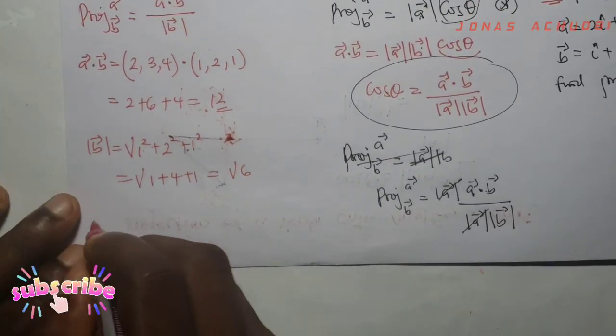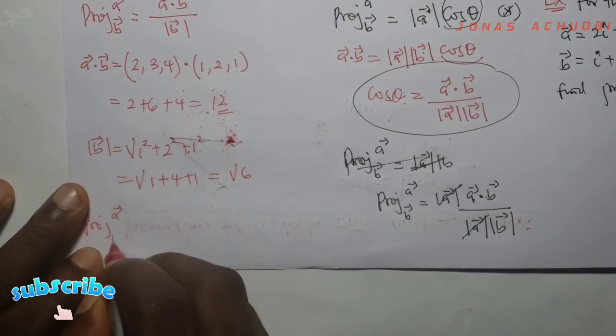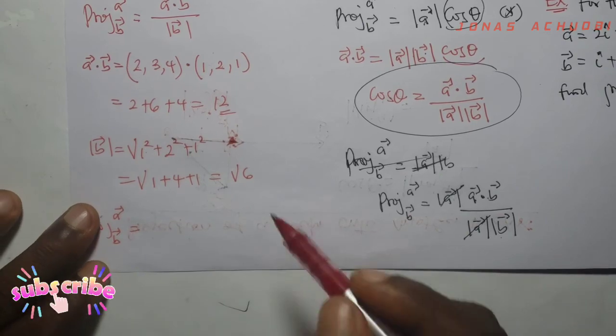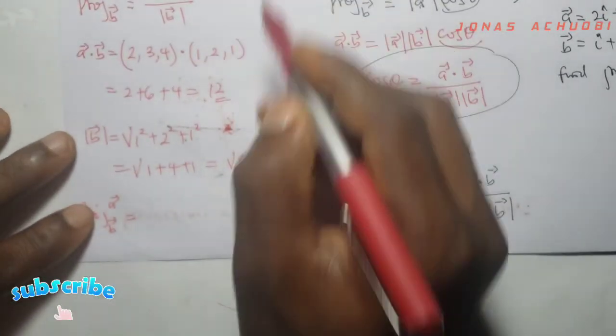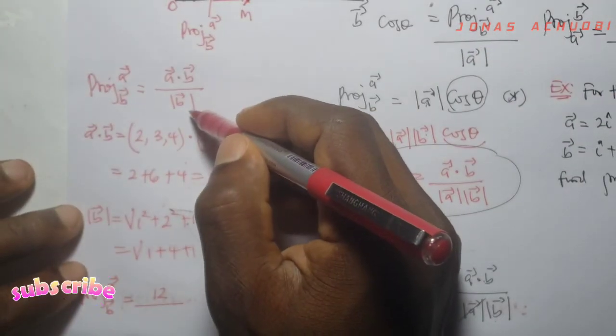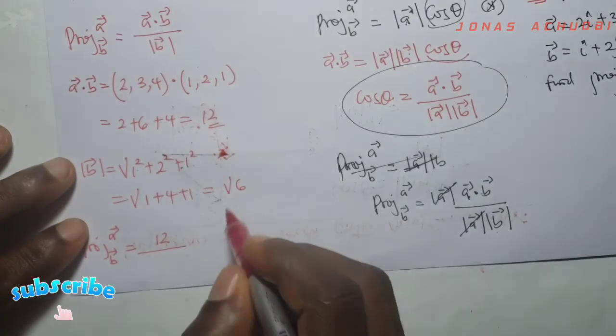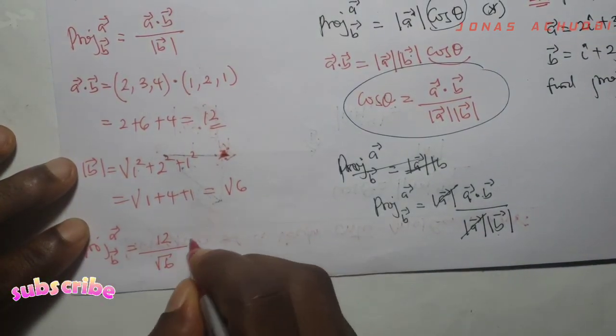So we are set. The projection of vector A onto vector B is equal to the dot product of A and B, which is 12, divided by the length of vector B, which is the square root of 6. Of course, we can go ahead and rationalize this.